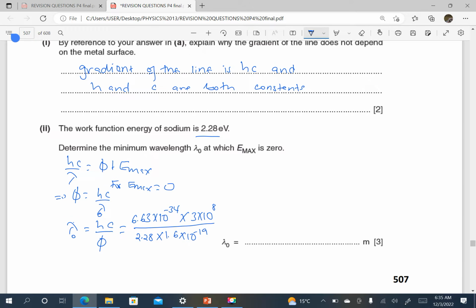So from my calculator, to three significant figures, this gives me 5.45 times 10 power negative 7.